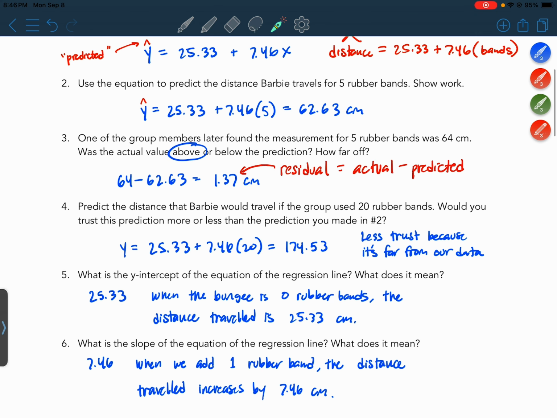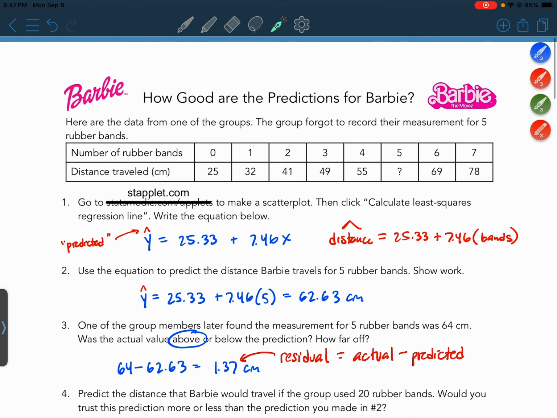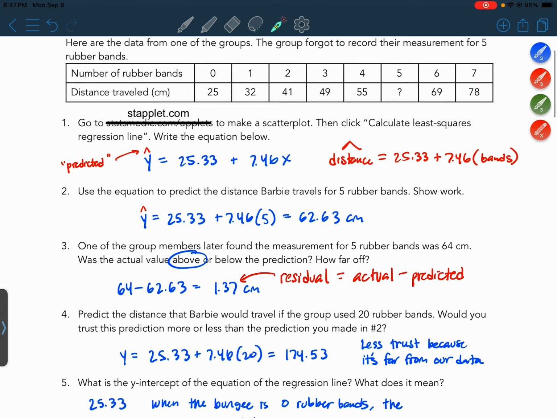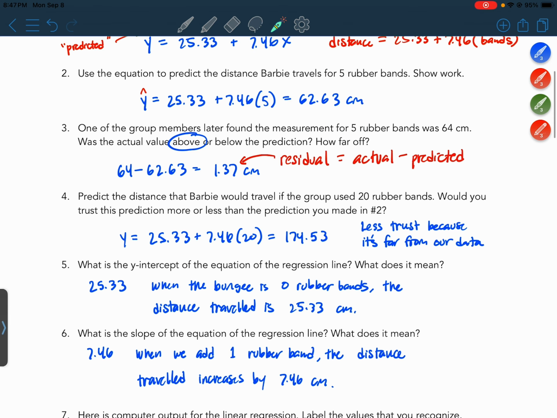All right, question 4 should look very similar to question 2, with the exception of the value we're plugging in is extremely large, okay, and large relative to the data that we originally had. Okay. So we should be extra careful when we're trying to make these predictions because the value we're plugging in is pretty far from our data.